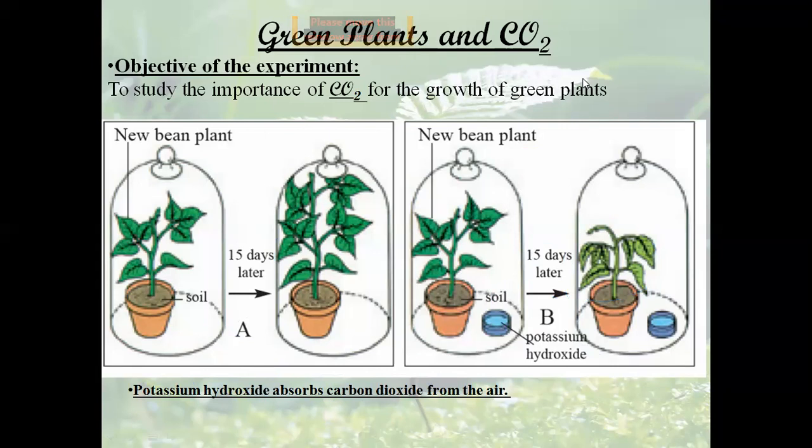So here they ask you, you have to tell me about the following. You have to talk about the variable factor. So first of all, the variable factor, it's the CO2. So in the first plant, we have CO2, while in the second plant, we don't have CO2. So this is the variable factor. And they ask you about the comparison or they compare the aspect of the plant.